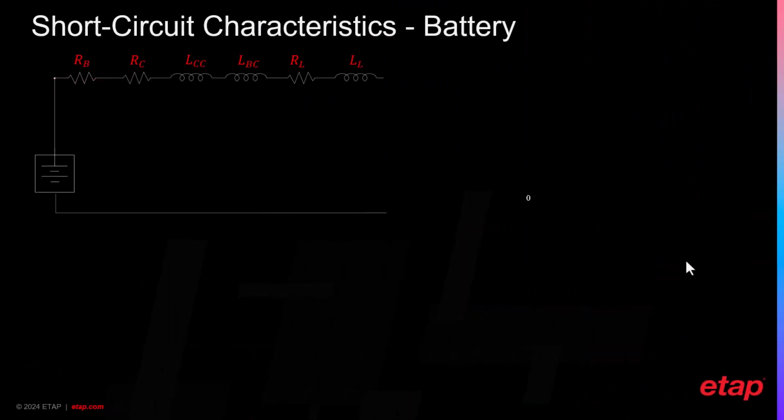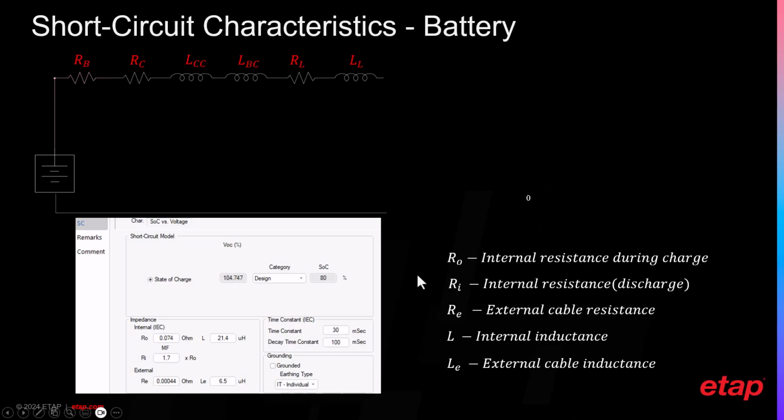The short circuit characteristics of batteries can be referenced from the IEC 61660 standard, and it does include all the circuit elements required for the internal resistance during charge or the internal resistance during discharge, the external cable resistance, internal inductance, and external cable inductances respectively.